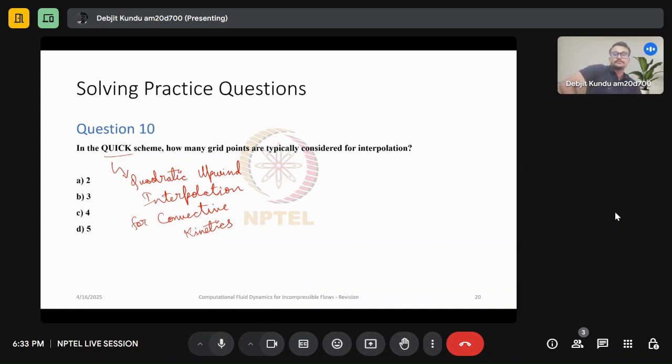So how many grid points are used? Let's take a look at the solution.